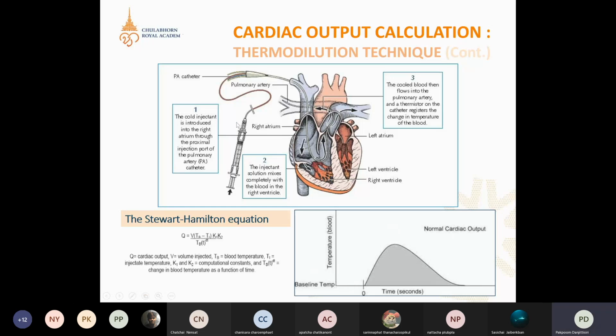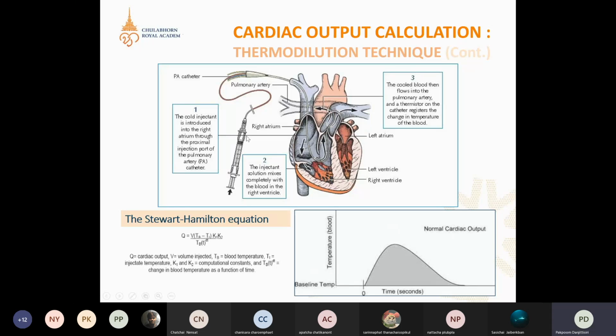So the doctor will make sure that the proximal port on the catheter is inside the right atrium, and the distal lumen at the end of the catheter is inside the pulmonary artery.